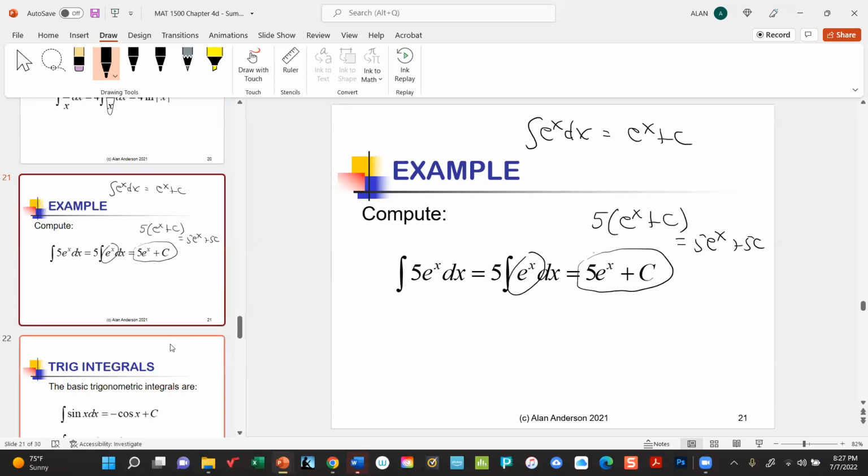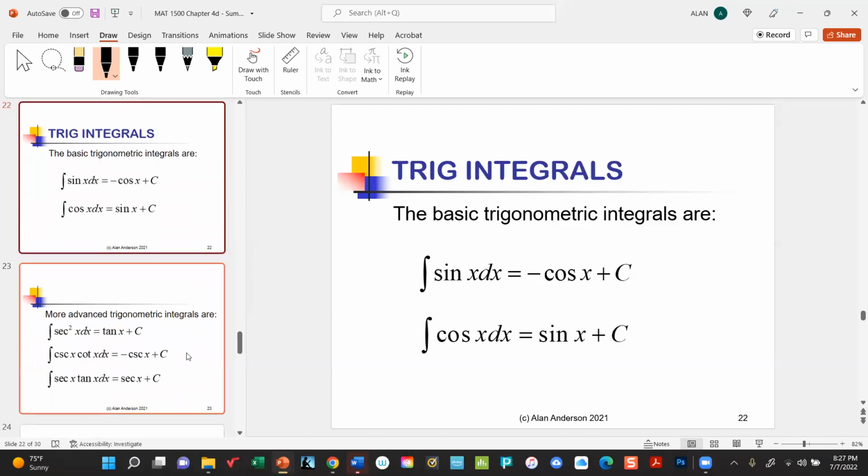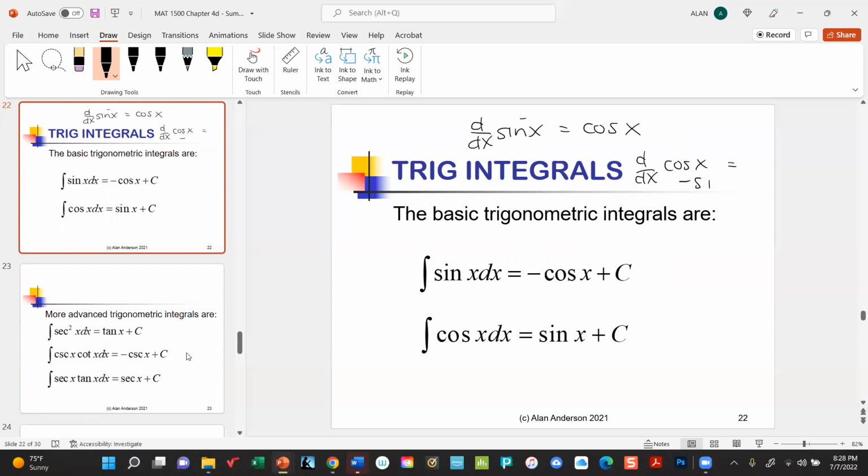All right, so let's try some of these trig integrals. Now, these are the basic ones. There's a few more complicated ones in the next slide, but we already know that the derivative of sine x is cosine x and vice versa. Let's just remind ourselves: d/dx of sine x is cosine x, and d/dx of cosine x is negative sine x.